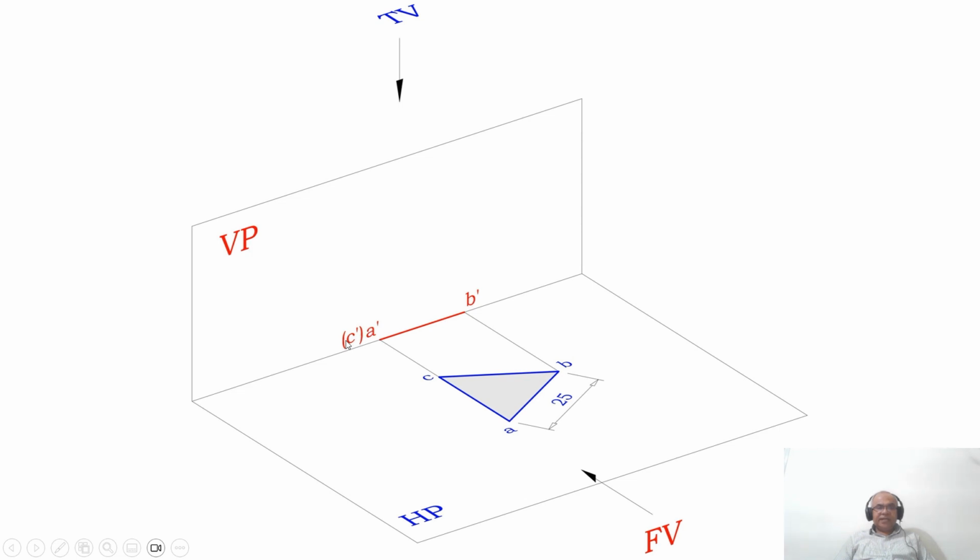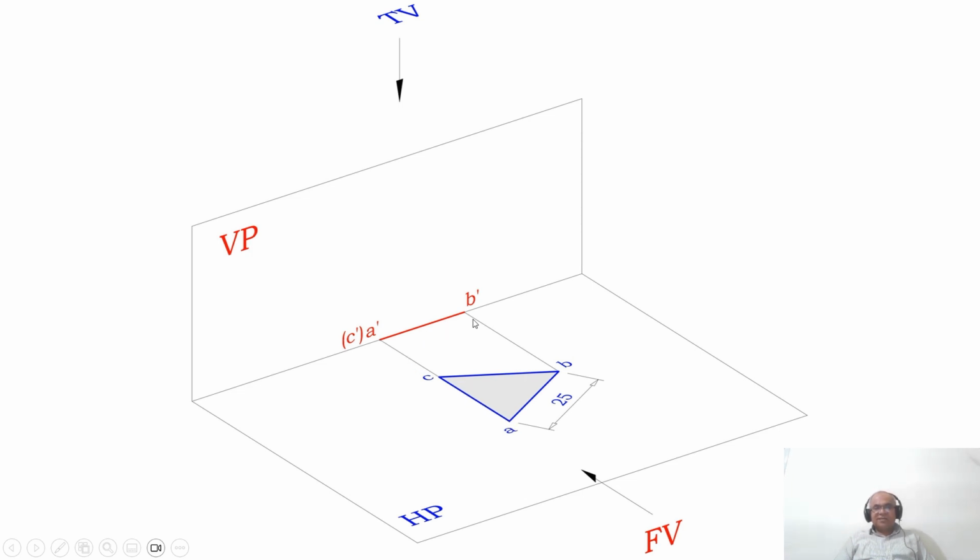Therefore, B dash C dash is again in apparent length. Since A dash C dash is parallel to HP, you are getting the true length here. So the position of the line A dash C dash or AC is perpendicular to VP and parallel to HP. Therefore, since it is parallel to HP, this line will be in true length.